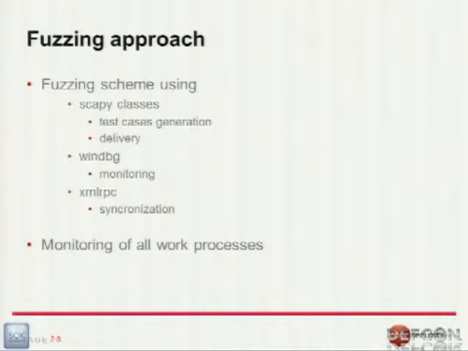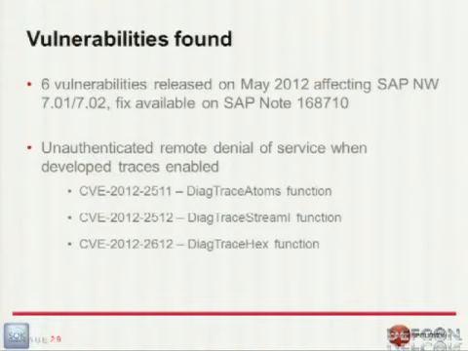And the only thing you have to take into account if you are fuzzing an application server is that you have to monitor all the work processes at the same time, because you don't know which of the work processes is handling your request. So using this approach and some manual tests, I found 6 vulnerabilities on the SAP application server.